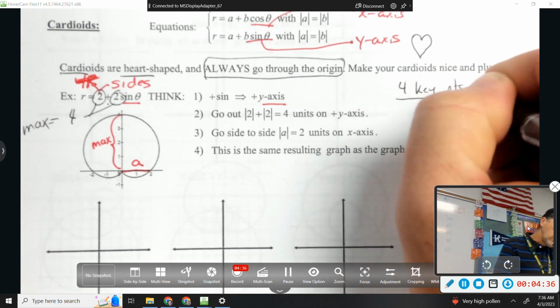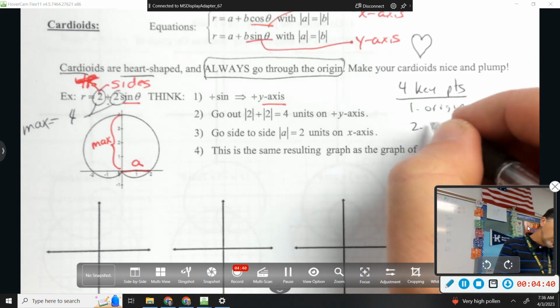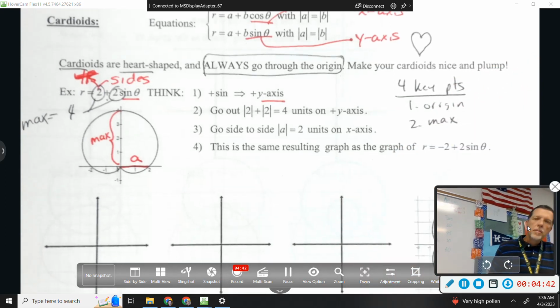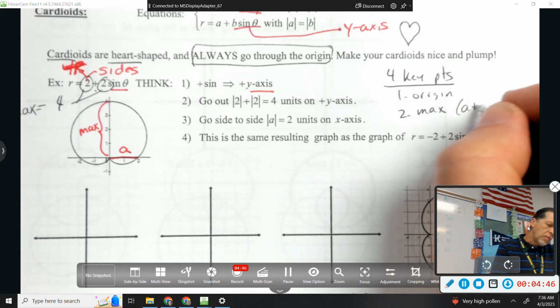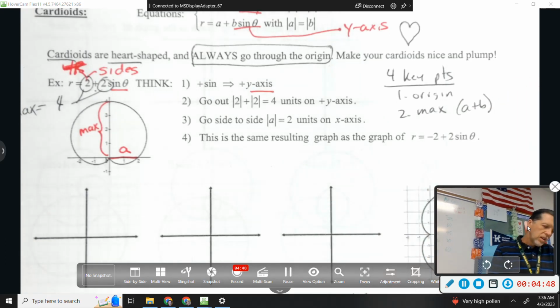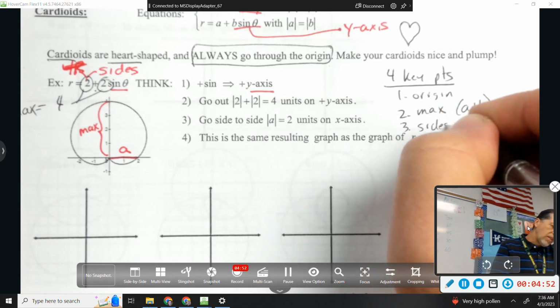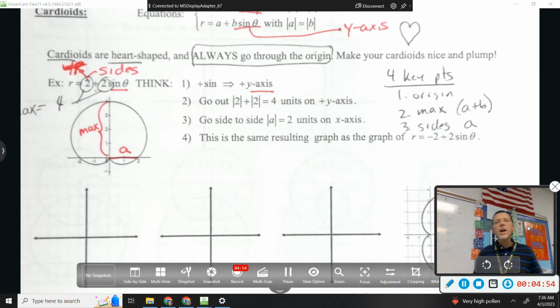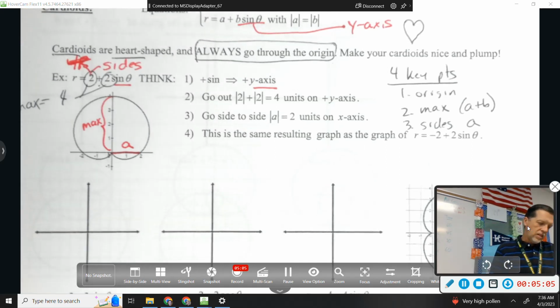Always the origin, and then the max, which is a plus b, and then the sides, which is just a. That's a better way to say it. So 4 key points because you got 2 sides: origin, max, and the sides.